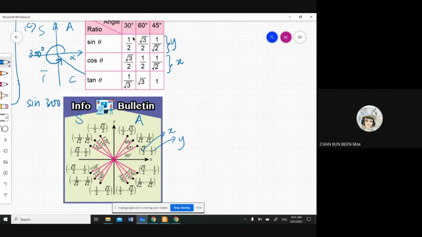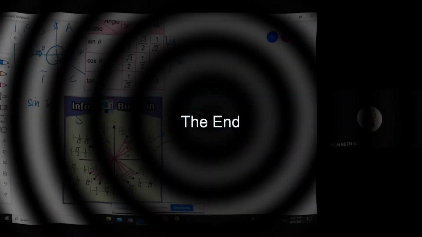And then for y coordinate, the sine is 1 over 2. That's why we get sine 1 over 2. Are you okay? Yes. Okay, that is how the rest are applied. Now you can see the negative sign because in that quadrant, the value of the certain angle is negative.